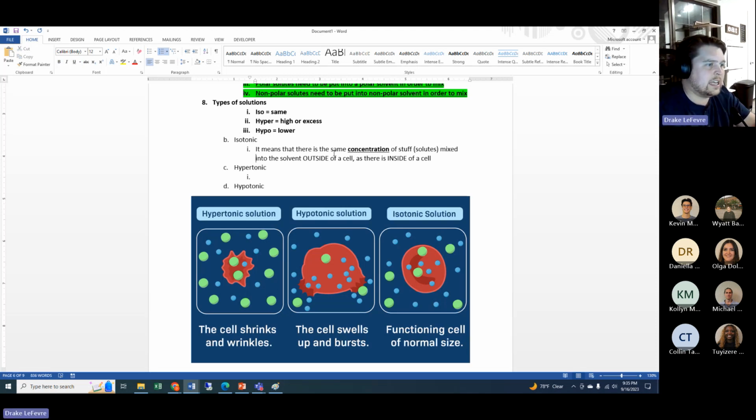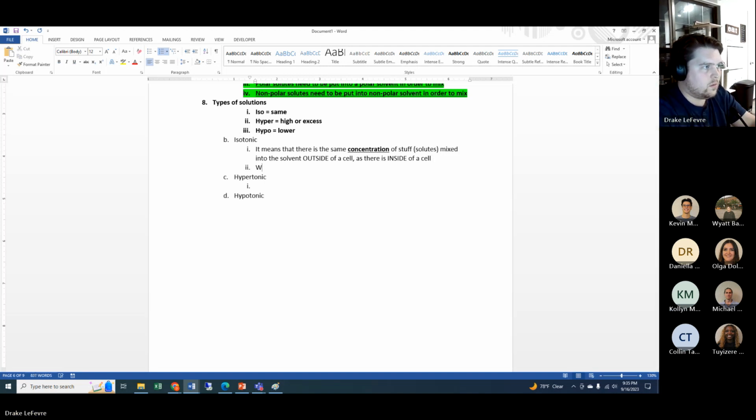That means the liquid inside of the cell has the same concentration of solutes mixed into it as the outside of the cell. So that means water is not going to move and the cell stays the same size.